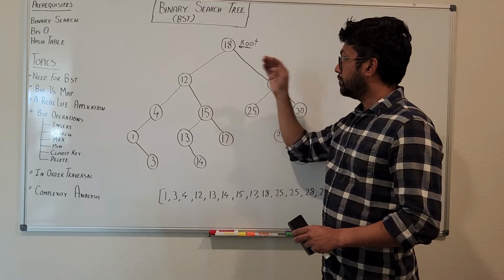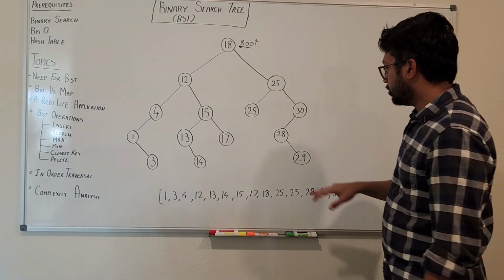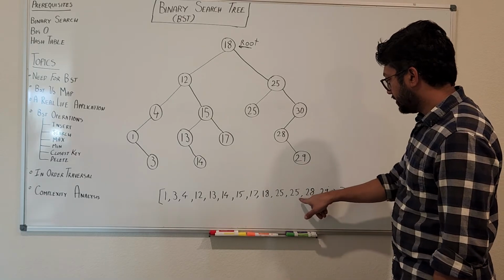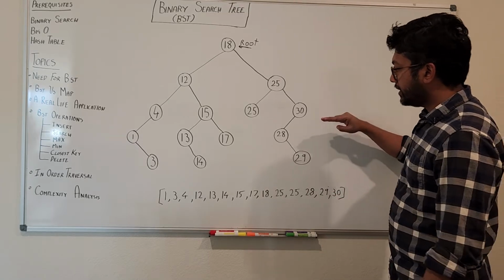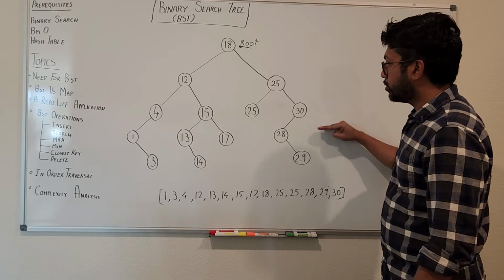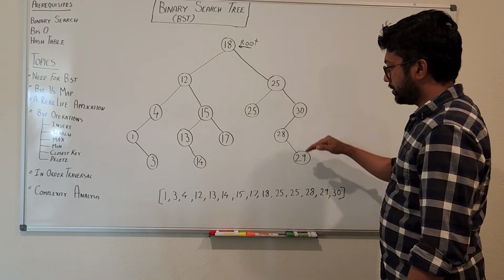But if you are looking for say 27, now 27 does not exist here. In case 27 existed, the closest keys would be 25 and 28, right? So 27 does not exist, and if it doesn't exist, I can find its closest keys, and the way to do that is you search for that number.